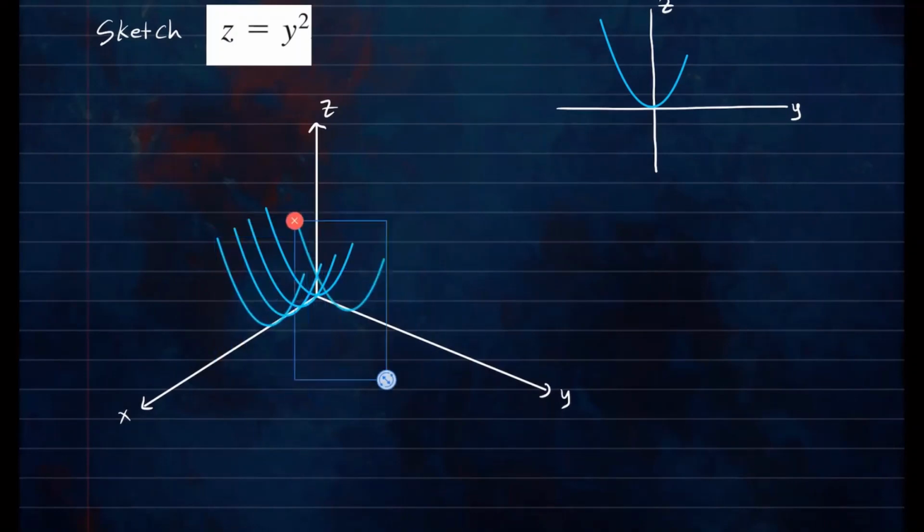You start to see it looks like a surface. More specifically, we call this a parabolic cylinder. It's going to look something like this, and it just keeps going this way forever and that way forever. So that's the picture of this equation.